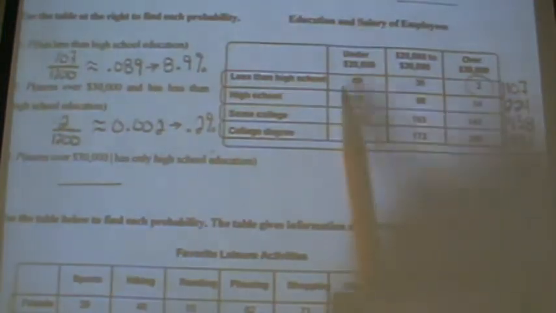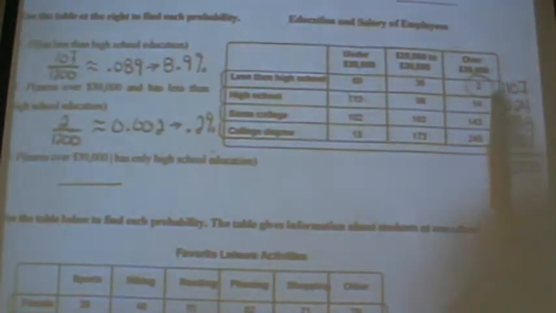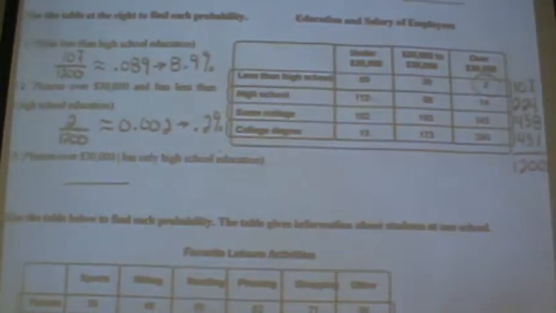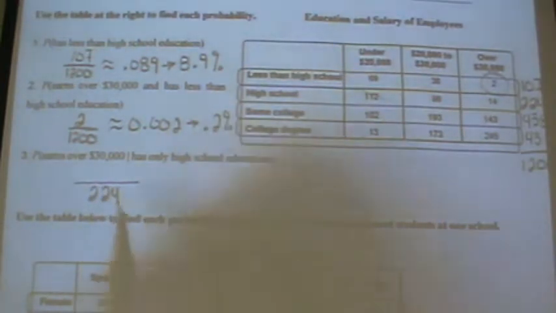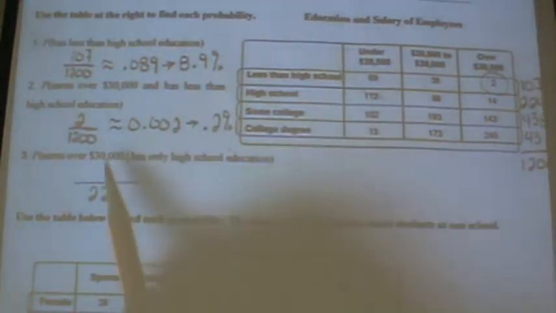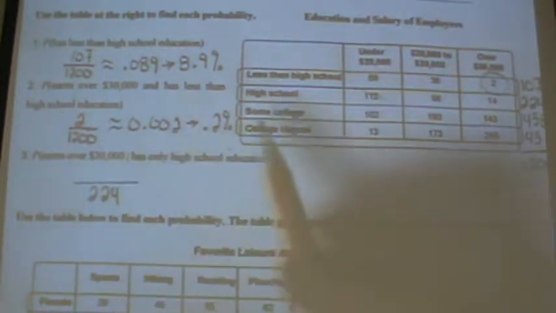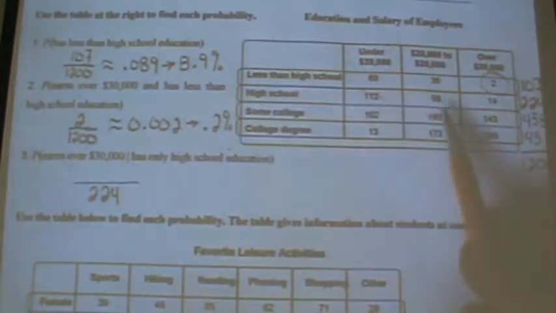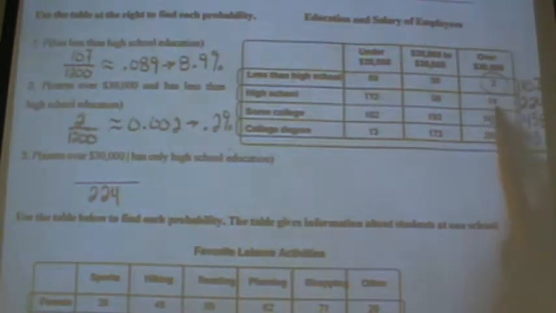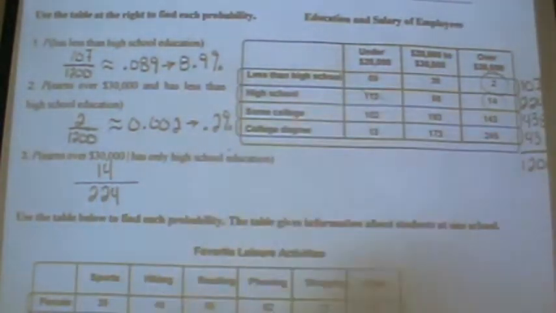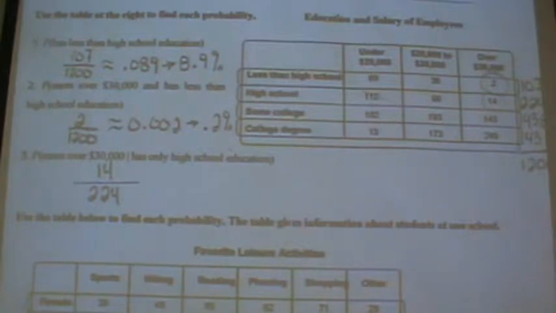So we found that there were 224 people that had a high school education. So 224 is going to be our bottom number. And then the part that we're interested in is those that earn over $30,000. So if we go back to our high school education, there are 14 that earn over $30,000. So we're going to put a 14 over our 224.